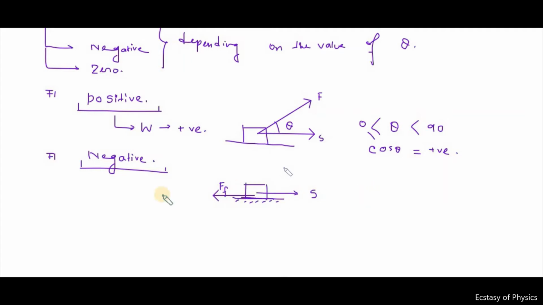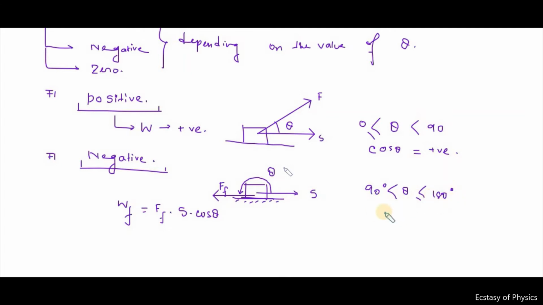And now if we have to define the work done due to friction, we can say that Ff times s into cosine of theta, where this theta at present is equal to 180 degree, which means the range of theta is in between 90 to 180 degree.